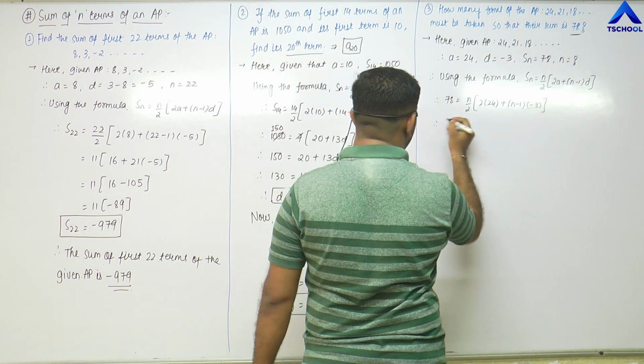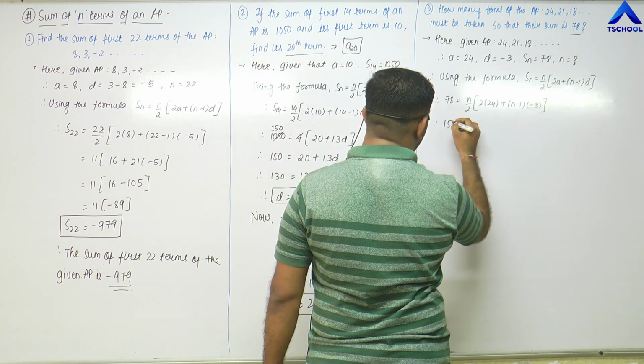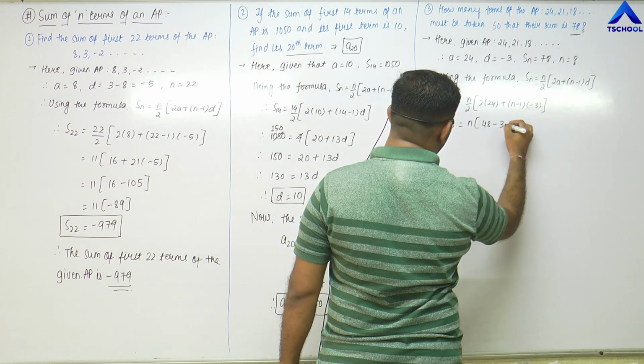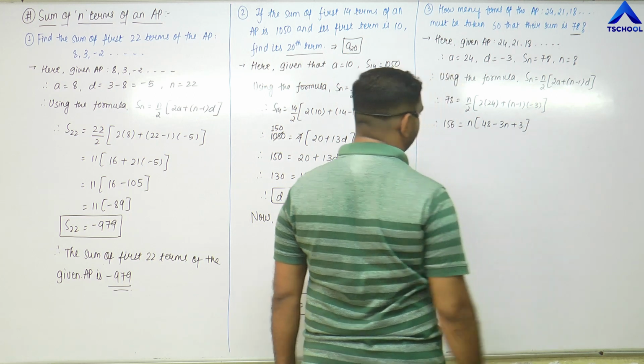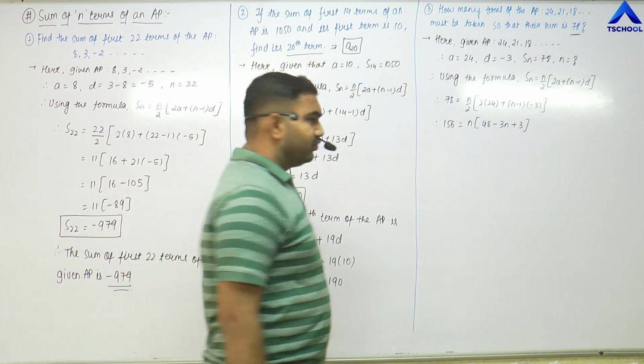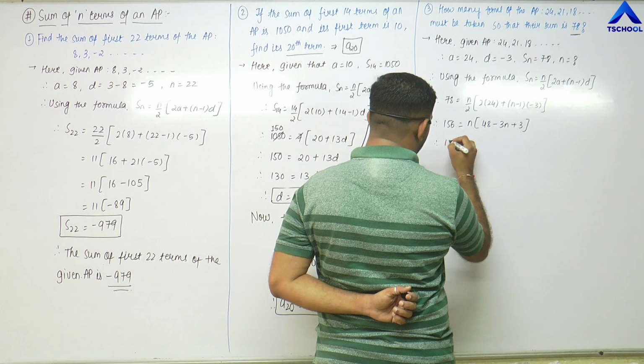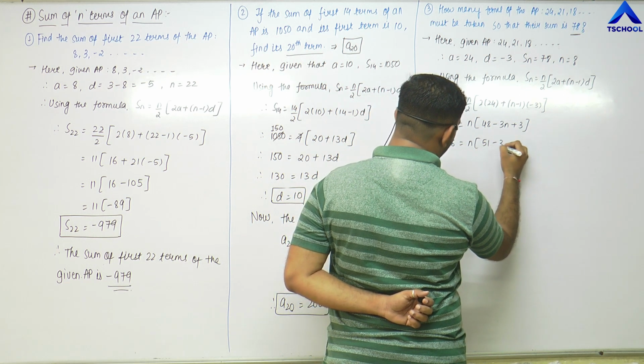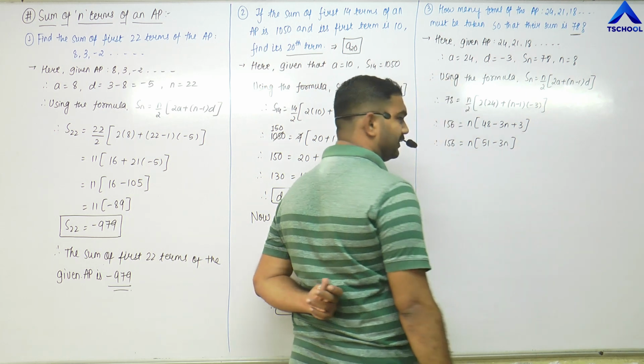Take this 2 over here, that is 156 equals n into 48 minus 3n plus 3, right? So here we get 156 equals n into 51 minus 3n.